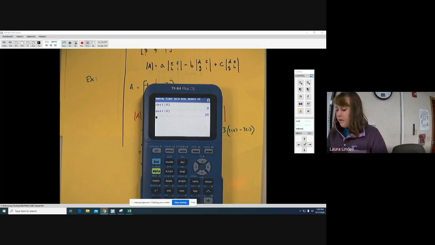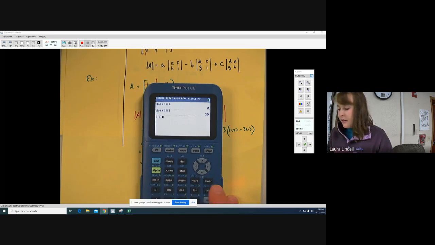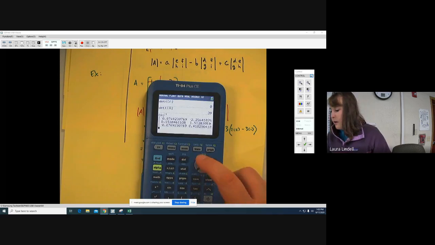Okay. So now if I want to find the inverse, it's actually a little bit easier. You don't have to go into the matrix operations and everything. All you have to do is call up your matrix, so get matrix A out there, and then you just hit the x to the negative 1 button, because that means inverse, and hit enter. And it will give you the inverse matrix.